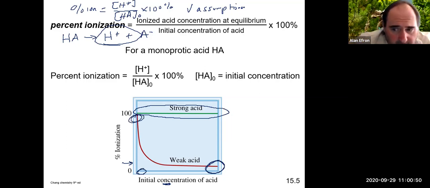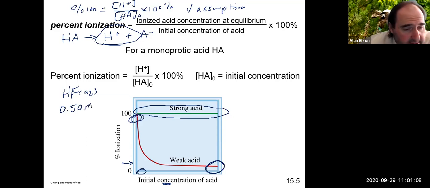So you may be asking, why does that make a difference? We saw the actual difference with that first example we did today. I think it was HF. When we had the concentration of 0.5 molar to begin with, our assumption was all good, right? We assumed X is equal to 0. It was like 3%-ish, 3.7%, something like that.